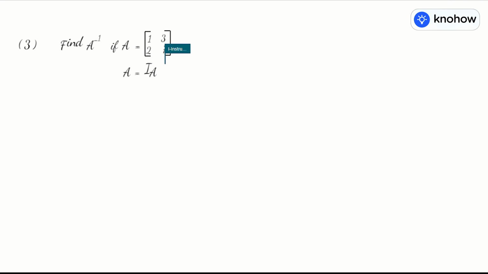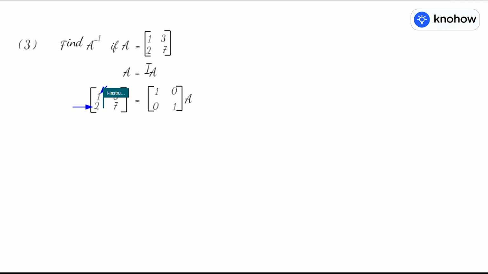The value of A is [1, 3; 2, 7]. On the other side, I, the identity matrix of second order, is [1, 0; 0, 1] into A. Now this number A11 is already 1.